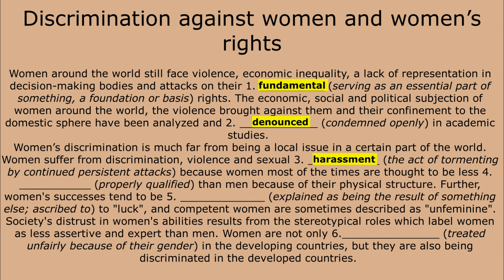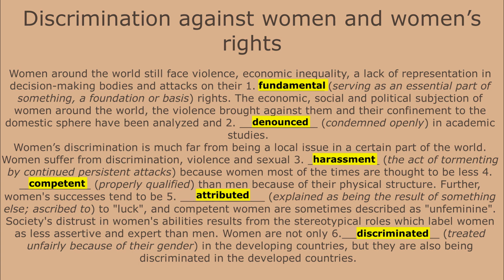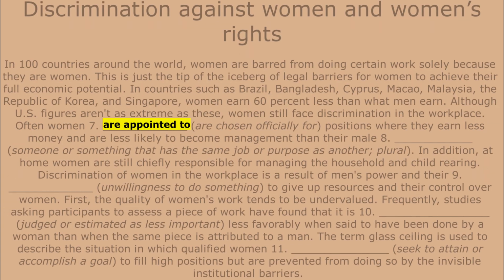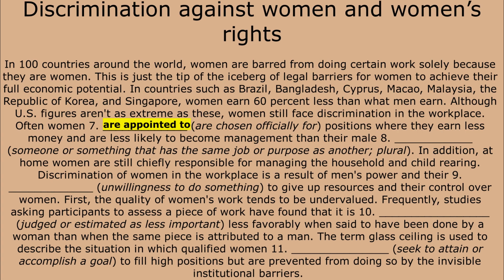Number 4, competent. Number 5, attributed. Number 6, discriminated. Number 7, are appointed to. Number 8, counterparts. Number 9, reluctance. Number 10, evaluated.